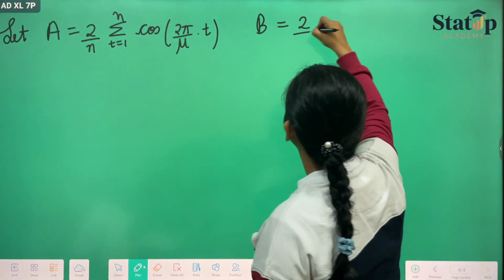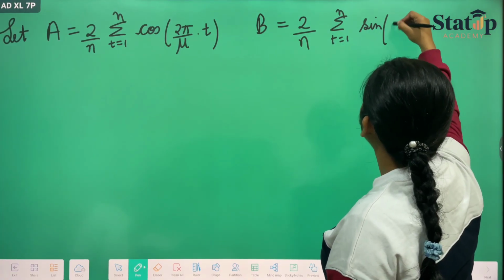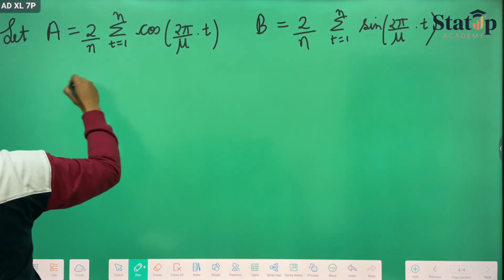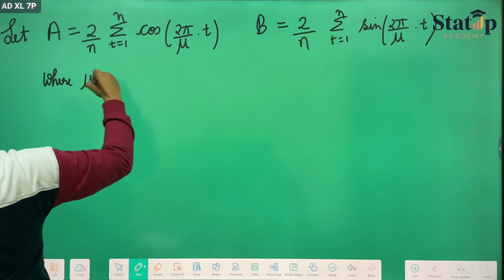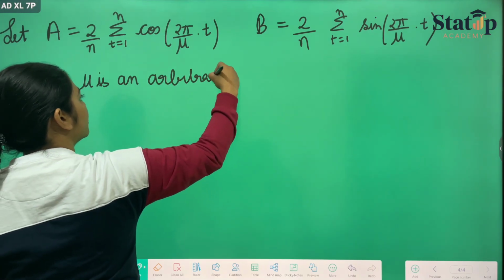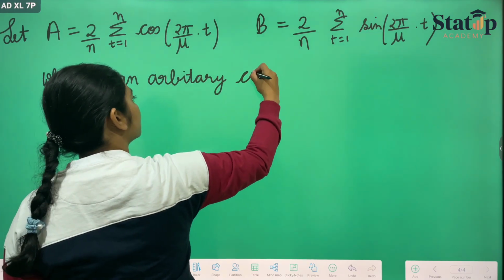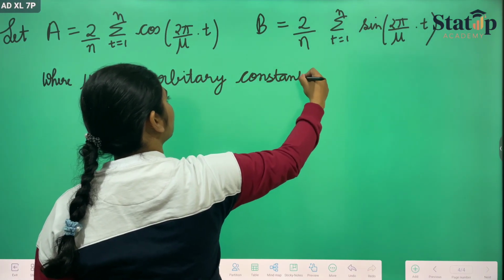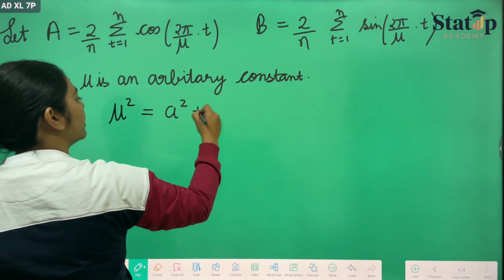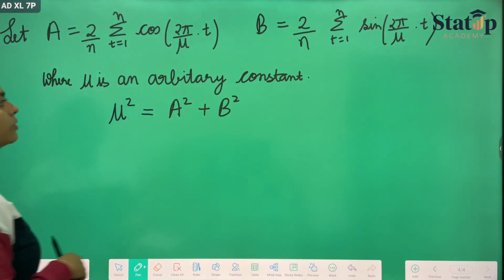And B would be 2 by n summation t goes from 1 to n sine 2 pi by mu into t, where mu is an arbitrary constant and can be represented as mu square equals capital A square plus capital B square.